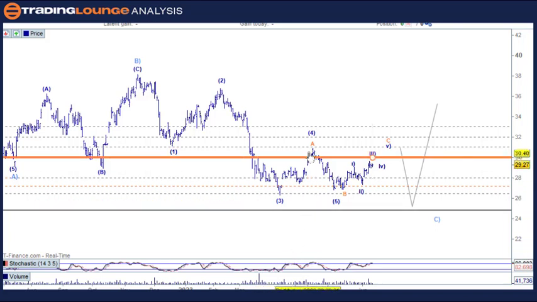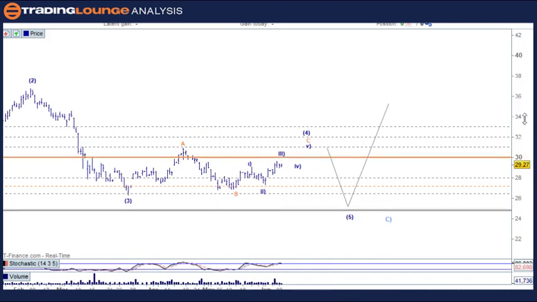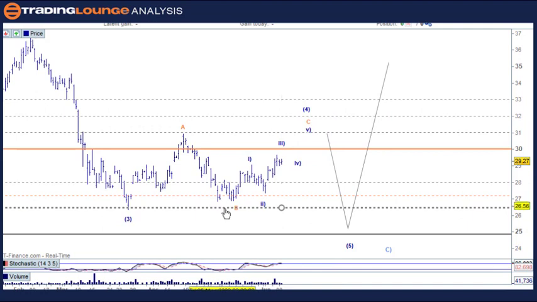But if that was going to be the case, then what we would do is wait before I could call something like that in. I'd have to wait for 1 and 2, and when wave 3 is done and 4 is done and 5 is done, then anything above that, we can go long above that 5-wave structure there.